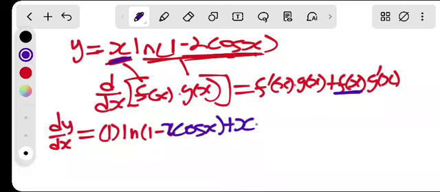We differentiate this now. When you're differentiating ln, you must be very careful. Let me just write here for recap.